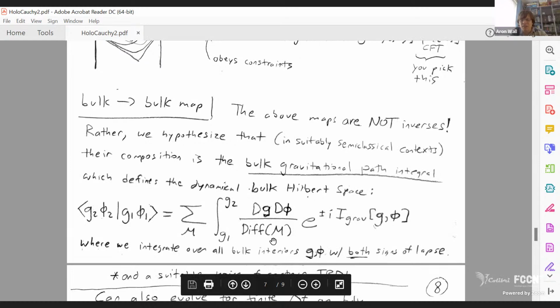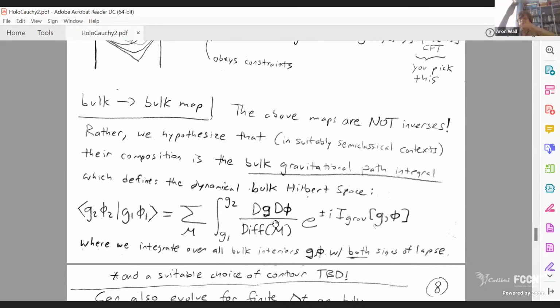I should put the phi's here too, really, of a path integral over the g and the phi mod diff symmetry of e to the i times the gravitational action. Now, one note, even though I've called this an initial and final state, in order for this to satisfy the constraint equations, it's actually necessary to allow for all possible time relations between the two slices. So the bra here could be either to the future or to the past, or partly to the future and partly to the past of my initial slice.